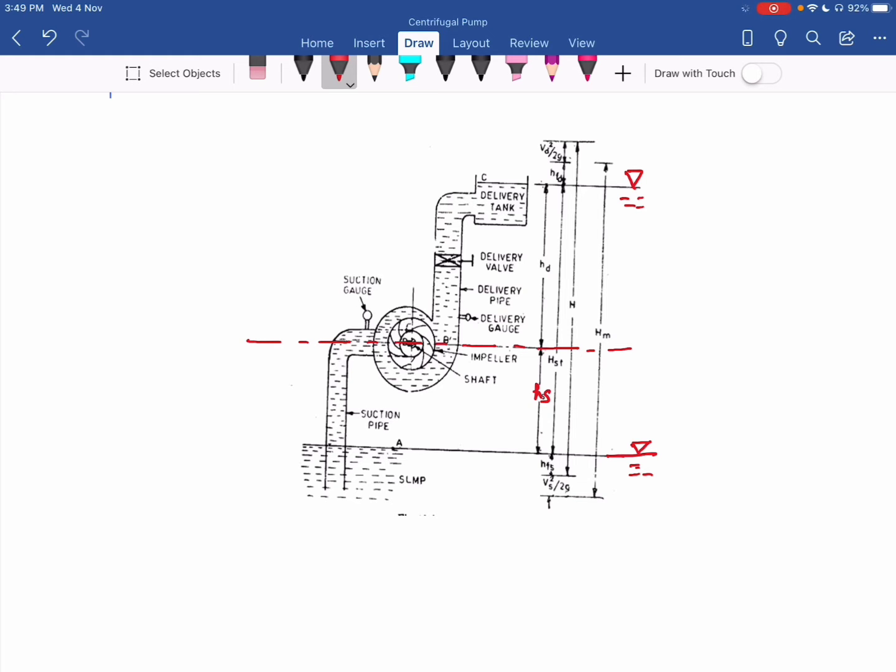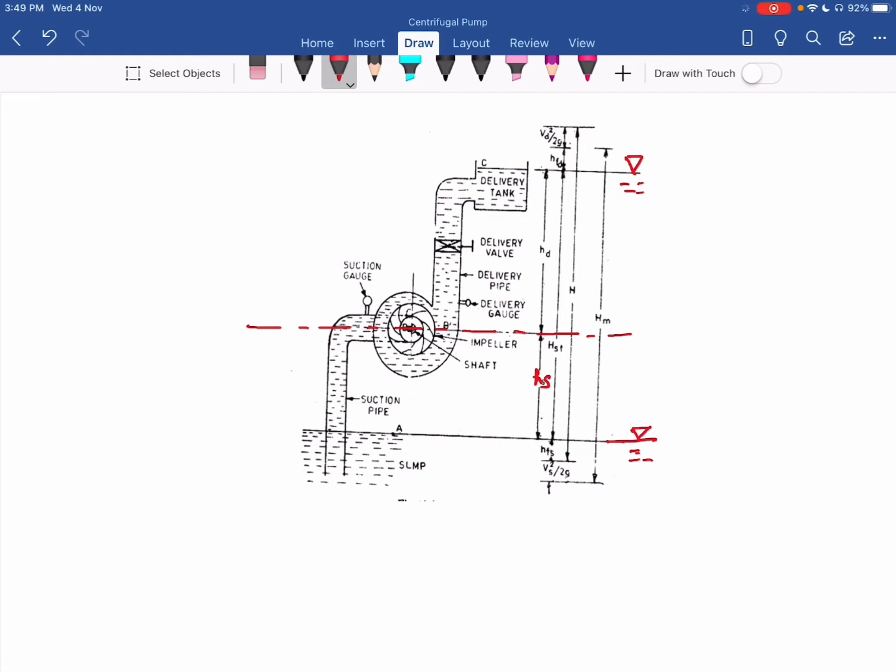So the height above the sump level to the central axis of the pump, that is HS. Then this is HD, the height from the center of the pump to the level of water in the reservoir. So the sum of these two is HST, that we call as static head.